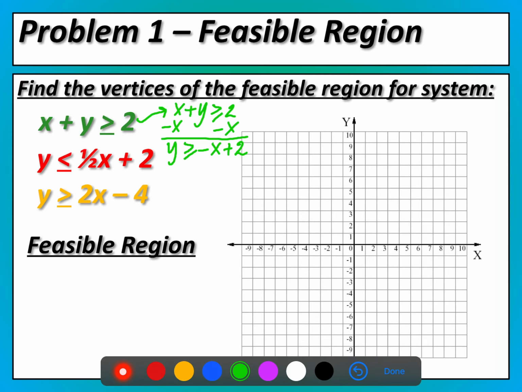So now I'm going to go ahead and graph. My first line starts at 2, and I go down 1 and to the right. That is going to be a solid line because it is equal to. Greater than is going to shade above the line.